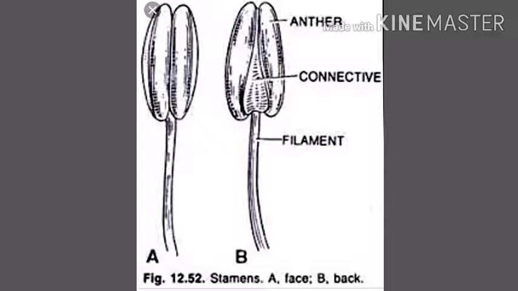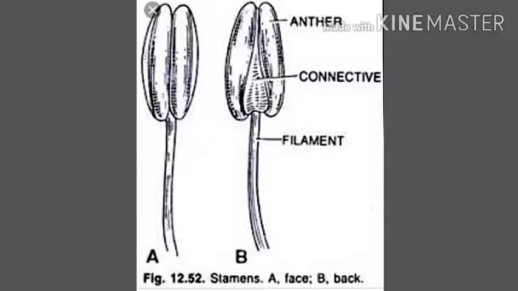Calyx is situated in outermost layer. Inner to calyx, corolla is situated in second whorl. The calyx and corolla, these are the accessory whorls. They do not take part in the reproduction.